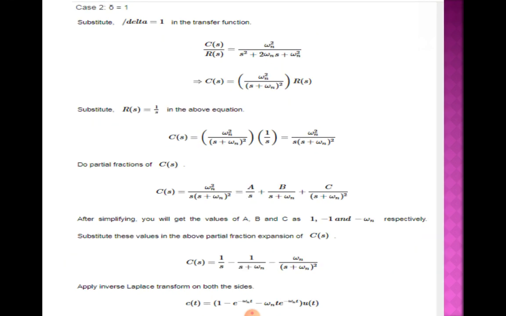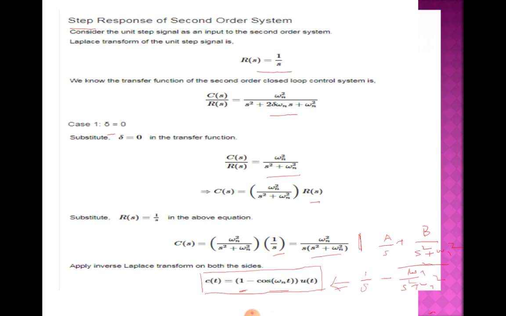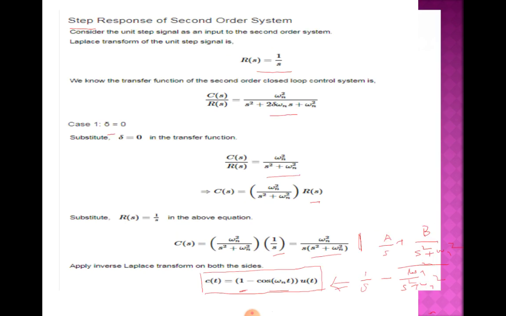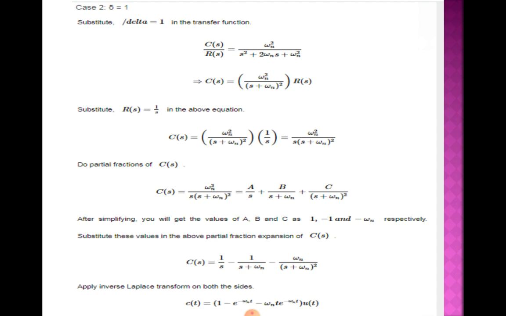Next case is delta equal to 1. So when delta equal to 1, what happens? Take the same second order equation, C(s) divided by R(s) is equal to omega n square divided by s square plus 2 delta omega n s plus omega n square.